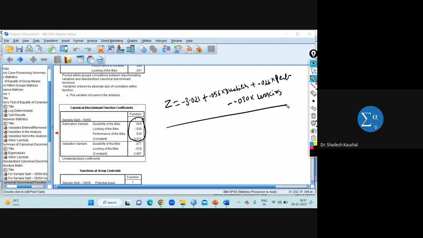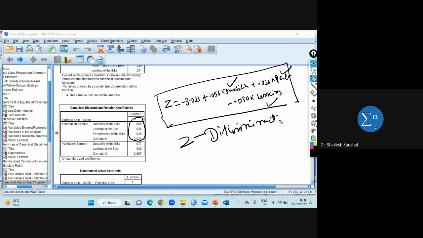So this is my main model. Now you can put the value of the durability, the value of the performance and looking, then you will get the discriminant score of the individual person, and as well as we will get the cutting score.